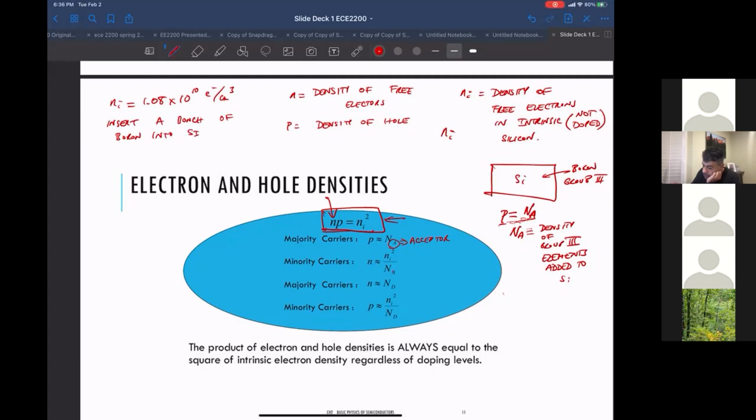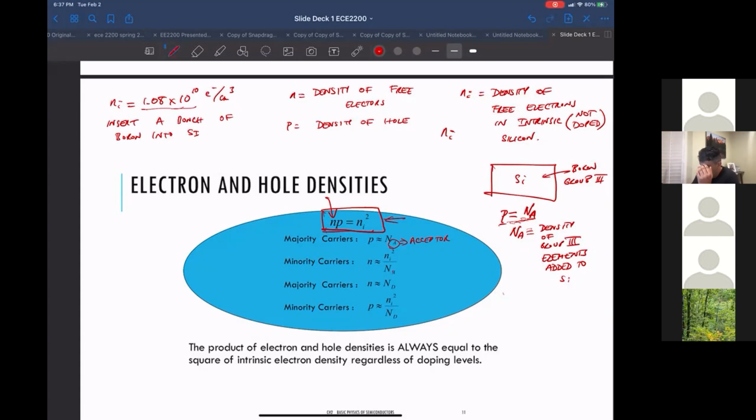There's still a huge amount of silicon atoms, more than that.